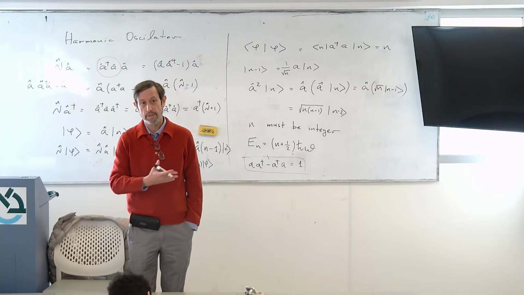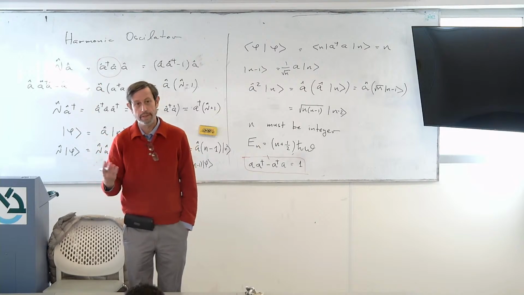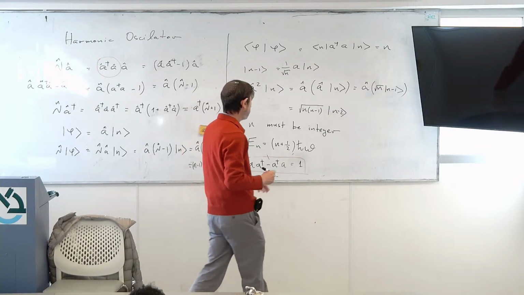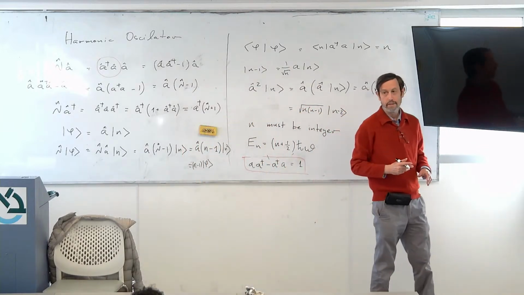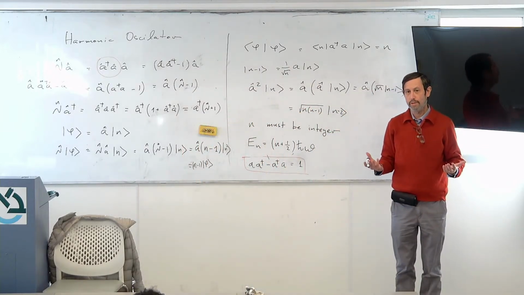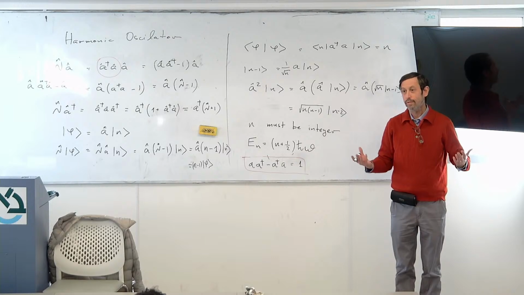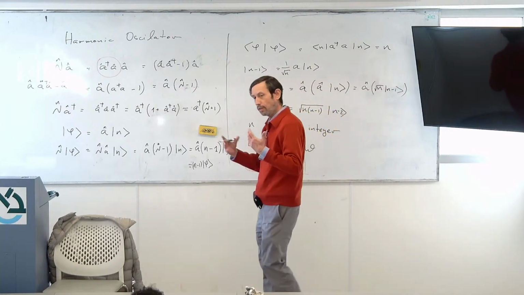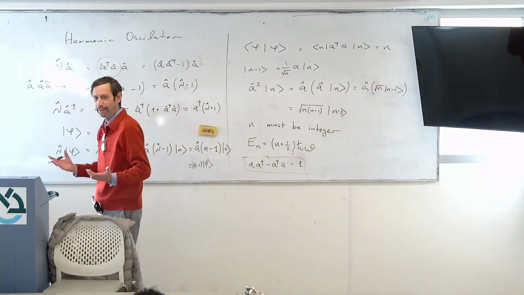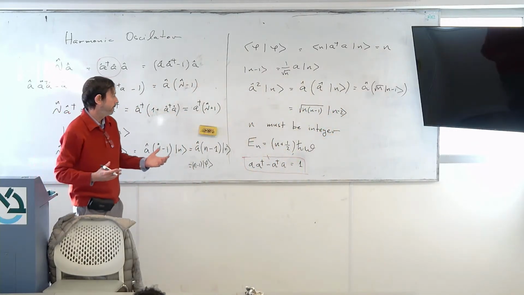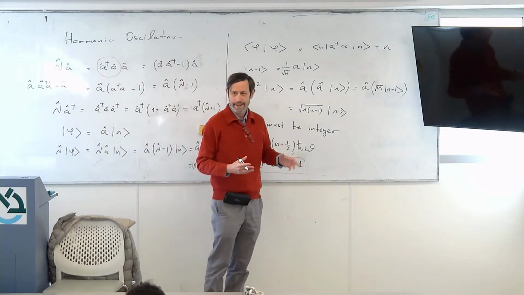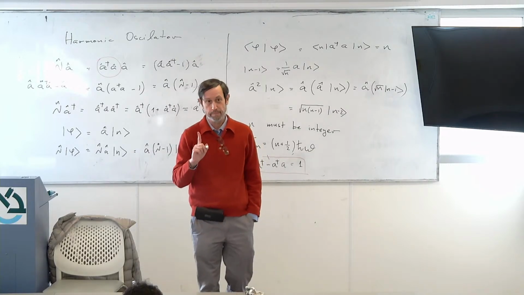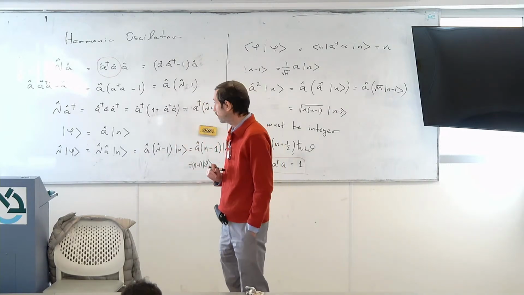Because the first one is 0, 1, 2, 3, 4, I can't get anything else. So that's what I said, that basically I solved the problem without doing anything. I didn't solve a differential equation. In a moment we'll say what n is. This will force me to solve one simple differential equation.